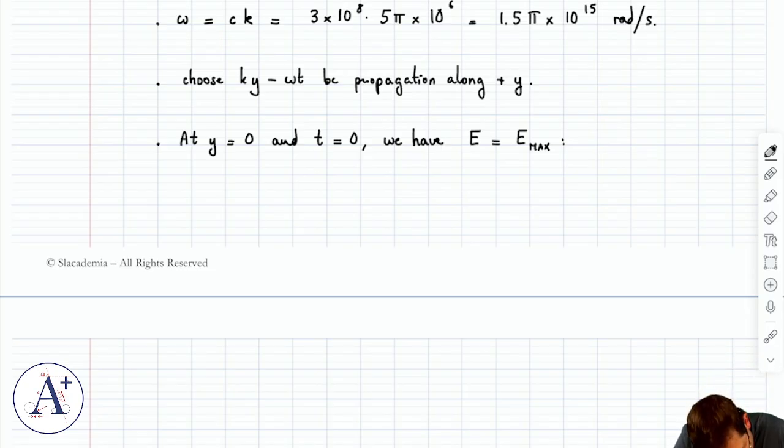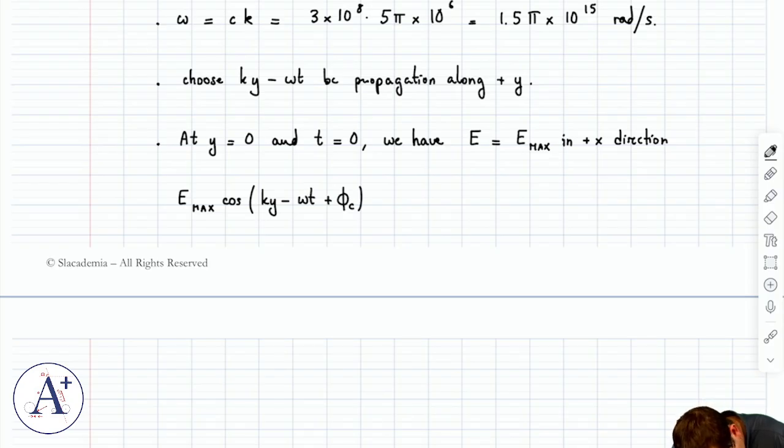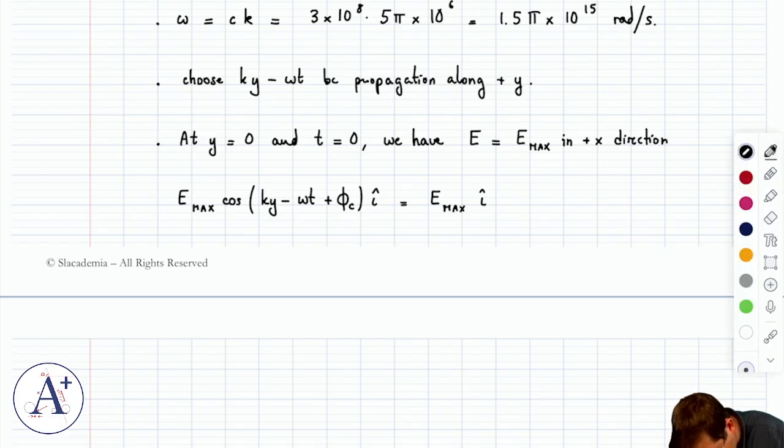It means that if I choose to write E, and I should add in the plus x direction, so if I say E is E max cosine of ky minus omega t plus phi sub c, I hat, and then I say that at t equals 0 and y equals 0, it's equal to E max I hat.